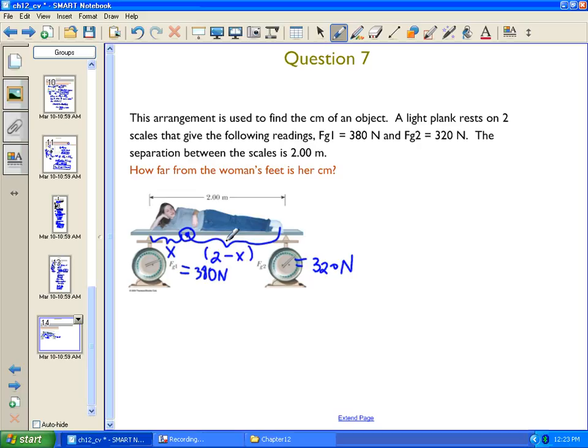So we're trying to determine what the value of x is. We also have to consider her weight, which is downward, and, oops, sorry, this would be incorrect because we want her weight to be at the center of gravity. Her weight, mg.